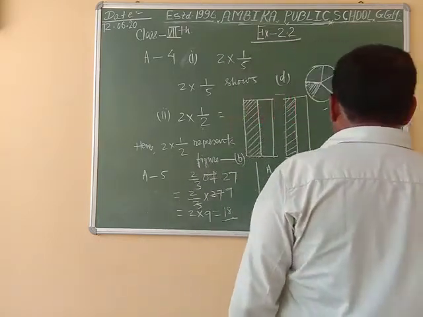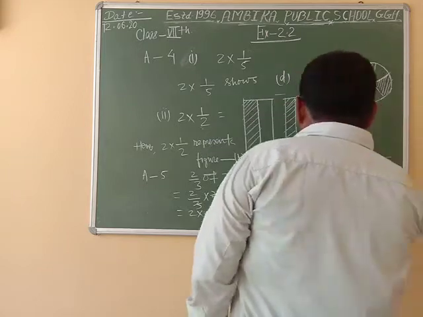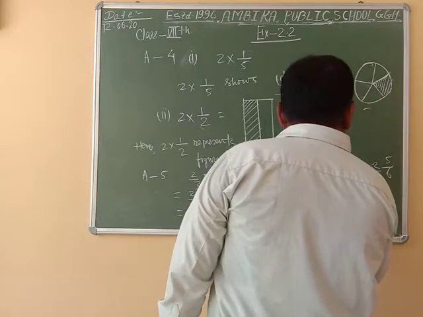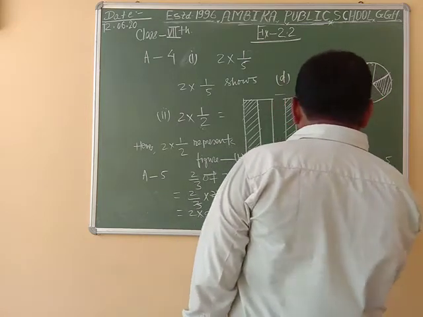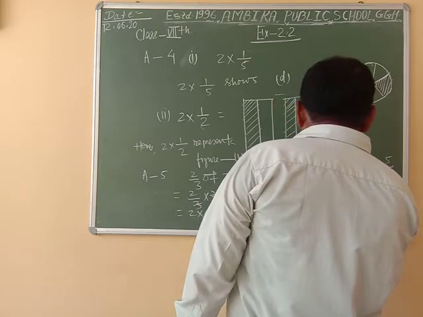5 by 8 into 23 by 6, multiplying 23 by 5, we have 115 by 48.